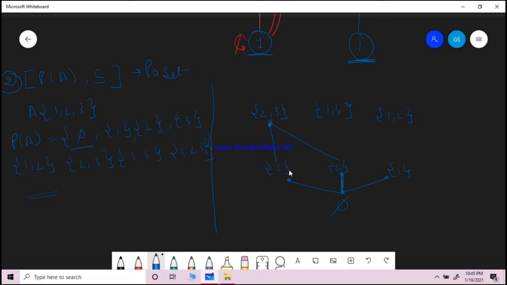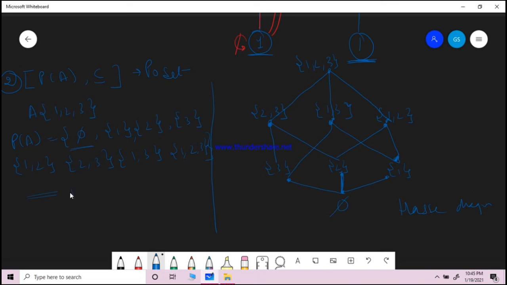And 3 and 1: 3 is a subset of {1,3}, and 1 is a subset of {1,3}. 2 is a subset of {1,2}, 1 is a subset of {1,2}. And now we have another element {1,2,3}.